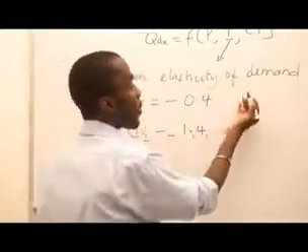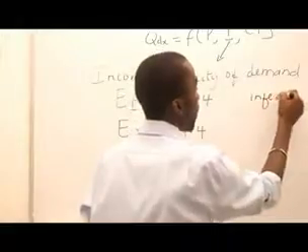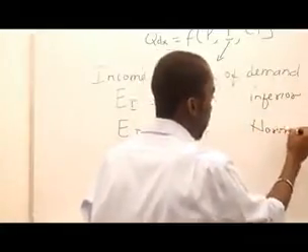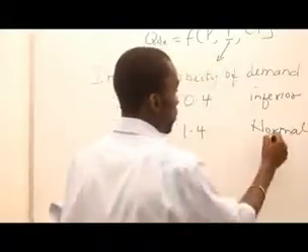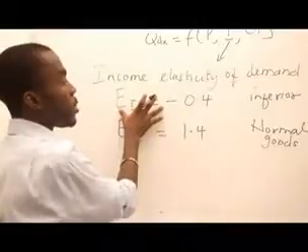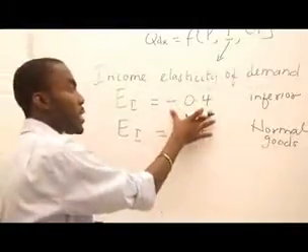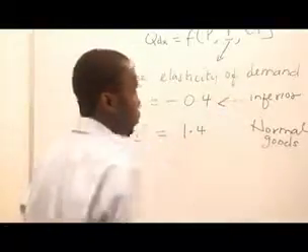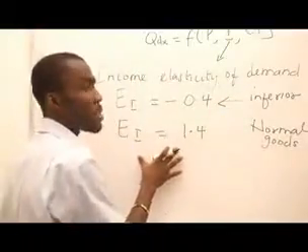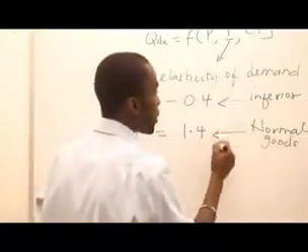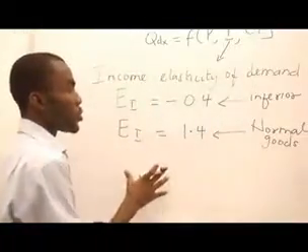That is, are the goods inferior goods or are they normal goods? If the elasticity you get gives you a negative, then you are dealing with inferior goods. But when you get a positive sign for your elasticity, then you are dealing with normal goods.